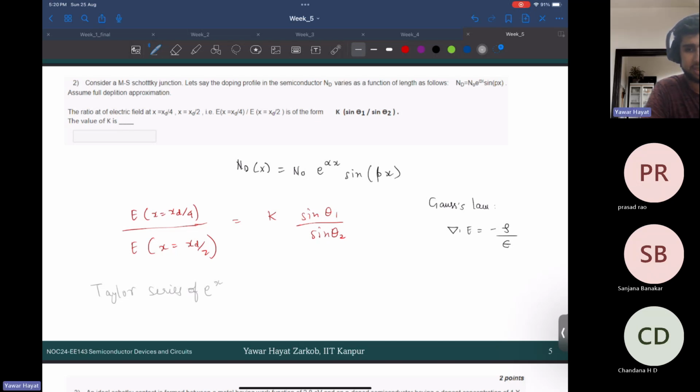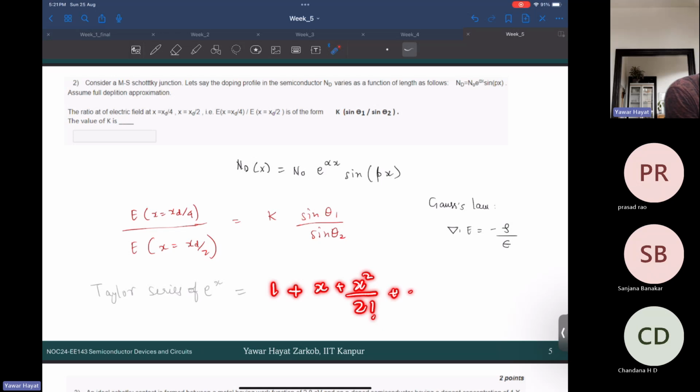I'm asking what is the Taylor series of e power x? All right, the Taylor series of e power x is 1 plus x plus x square by 2 factorial and so on.